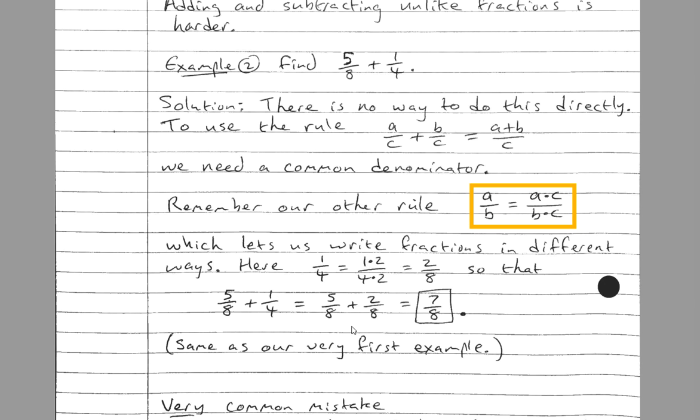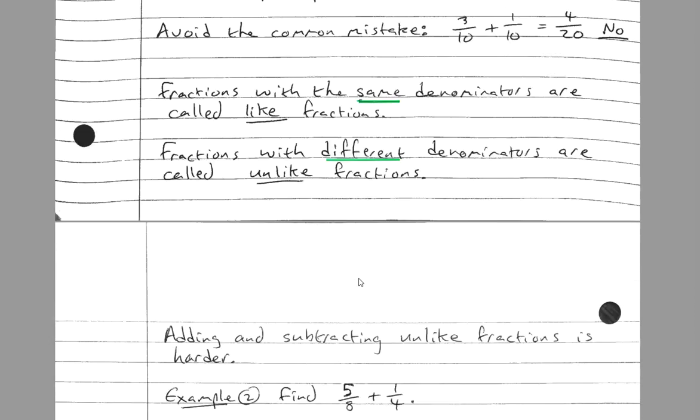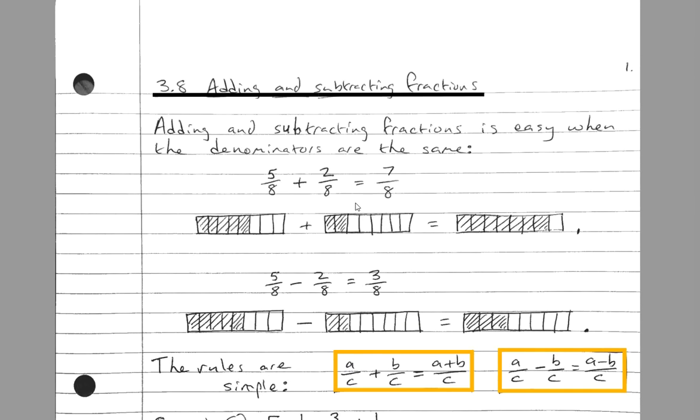So there's a middle step we need here. To add 5/8 plus 1/4, I have to get a common denominator, but it's easy to do here. 1/4 is equal to 2/8. So now we can add them. It's 7/8, the same as we saw earlier.